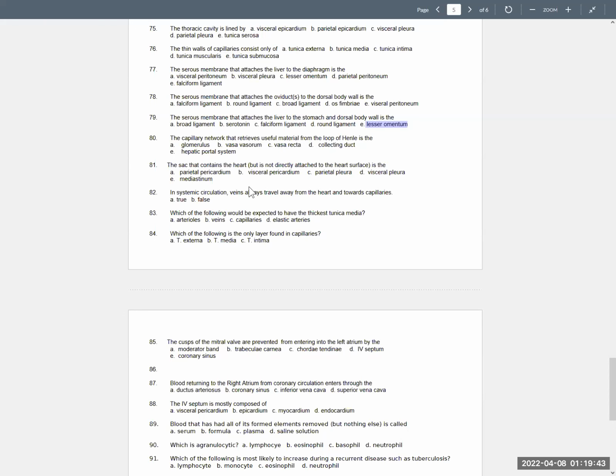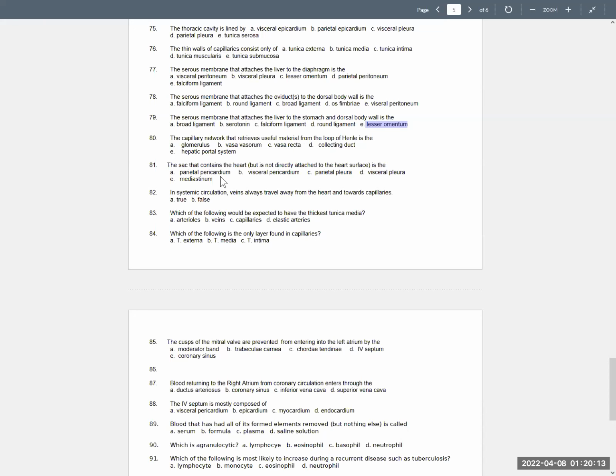81. The sac that contains the heart, but is not directly attached to the heart. When you work on the cat next week, you'll be able to move this sac around on the surface of the heart. What is it called?